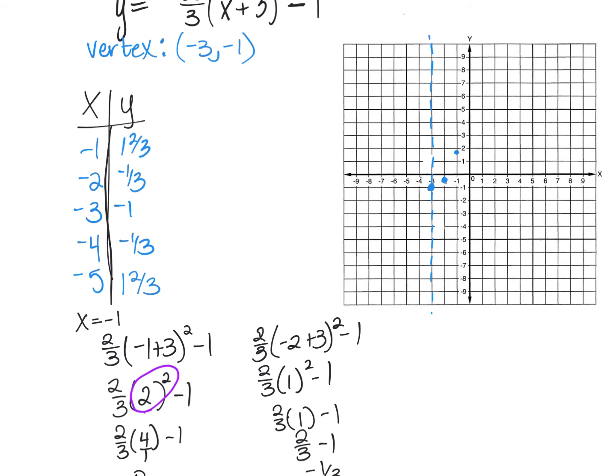Then we have -4 and -1/3. And 5 and 1 2/3. See the symmetry here? These should be the same y values because they're the same distance from the axis of symmetry. And now we connect it in a U shape. It's not a V. I don't want to see V's on the homework. There's a curve.